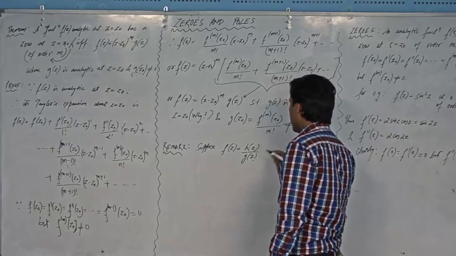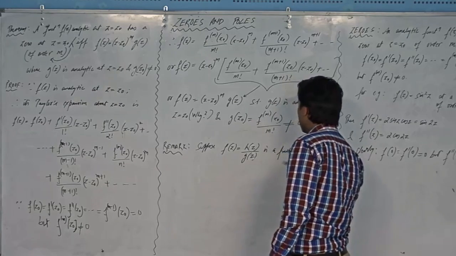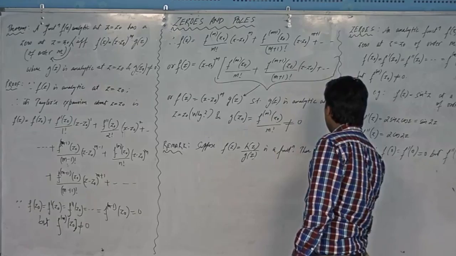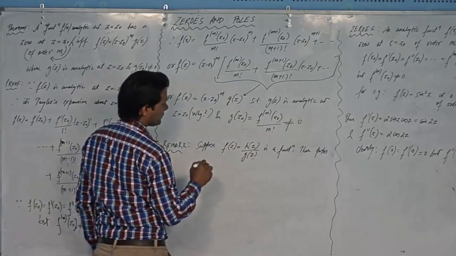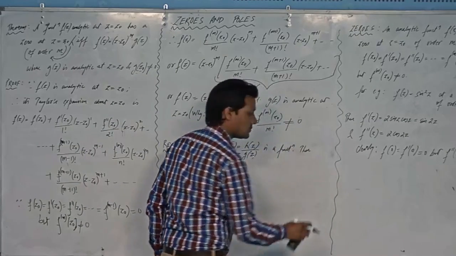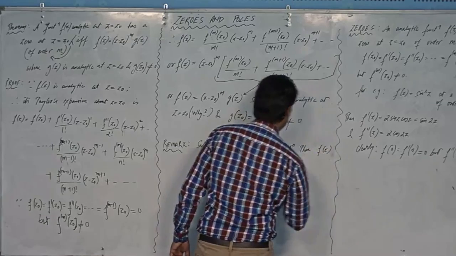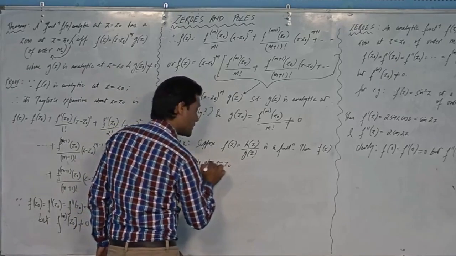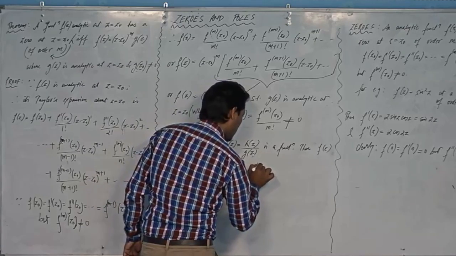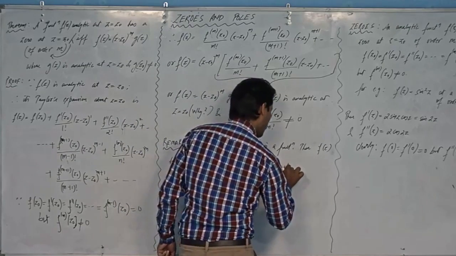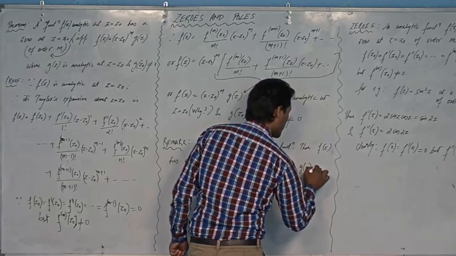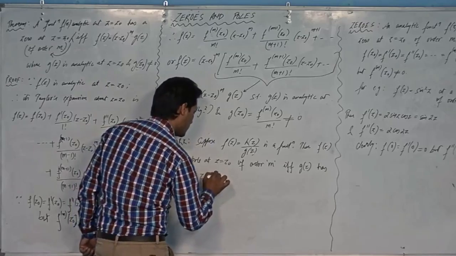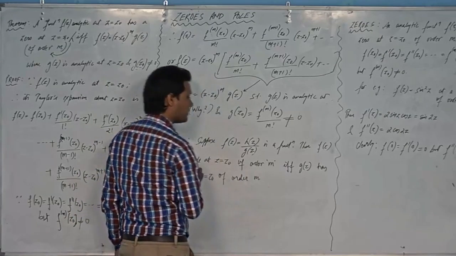Then this function f(z), the rational function, has a pole at z equal to z naught of order m if and only if g(z) has a 0 at z equal to z naught of order m, right?